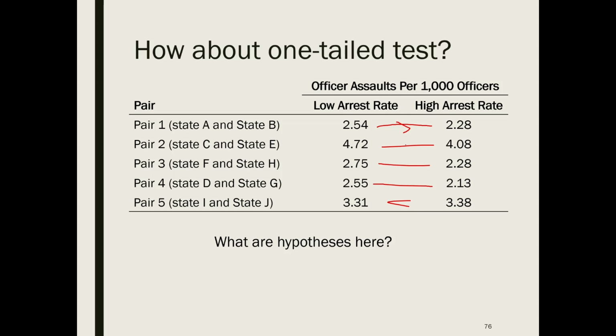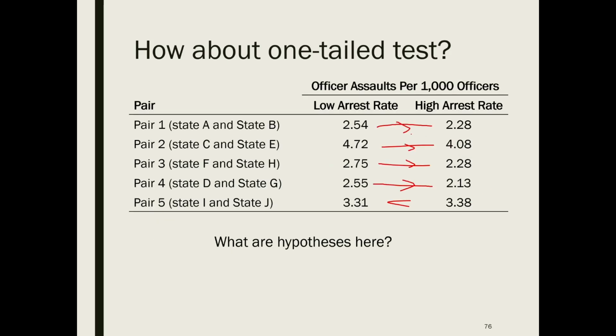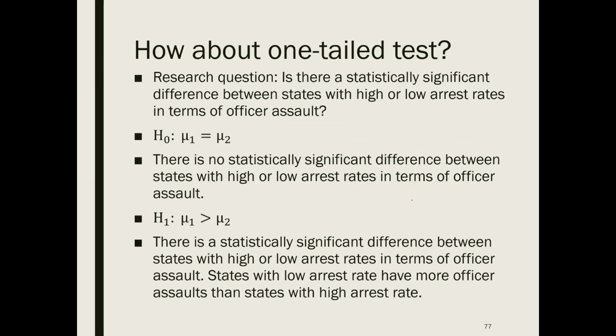The first four are bigger and the last one is smaller. So what's a good guess here? Actually, it's bigger, because when we look at the data, four groups are higher in the low arrest rate than in the high arrest rate, and only one group is less. So we make a good guess of bigger.